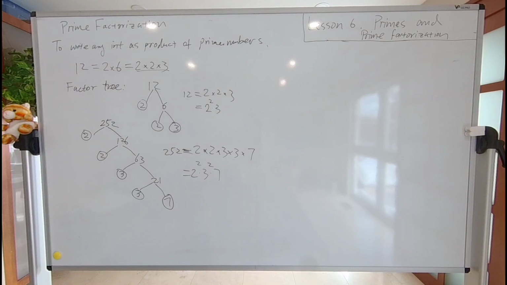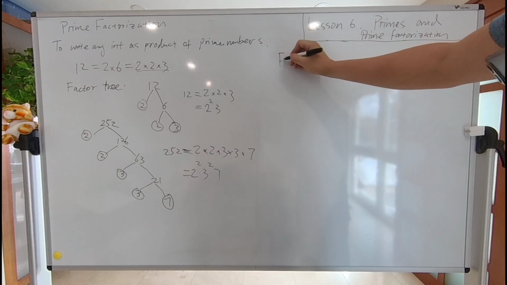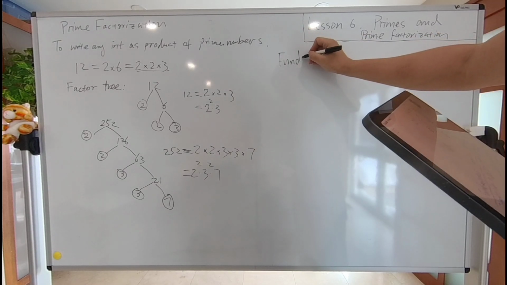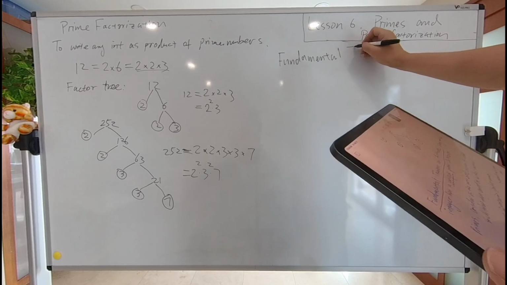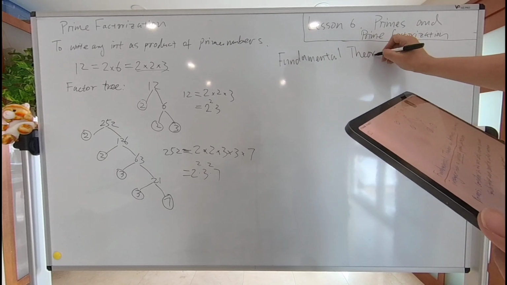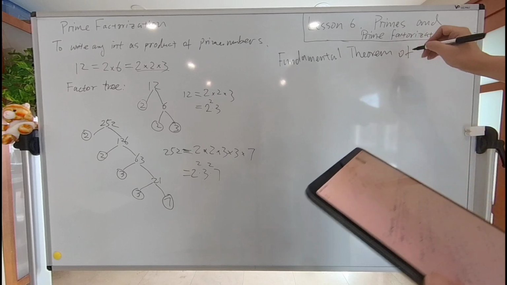Right, so this is how we use the factor tree to find the prime factorization. Now, the fundamental theorem of arithmetic.